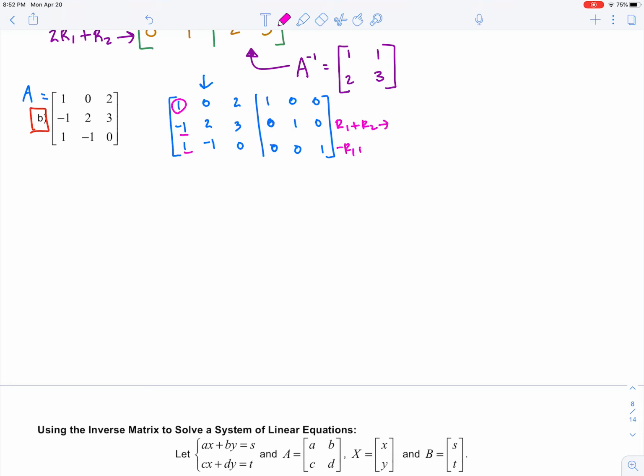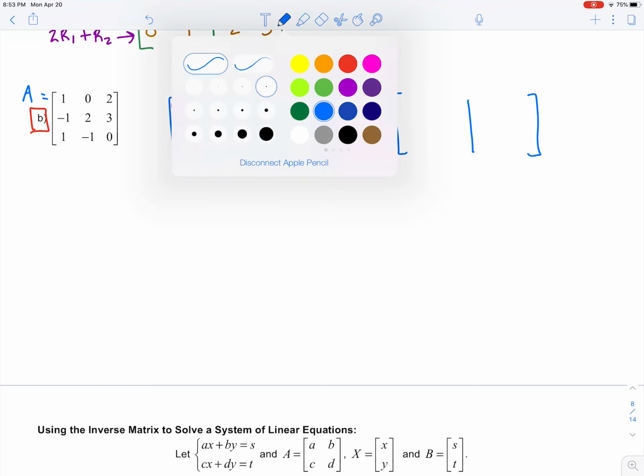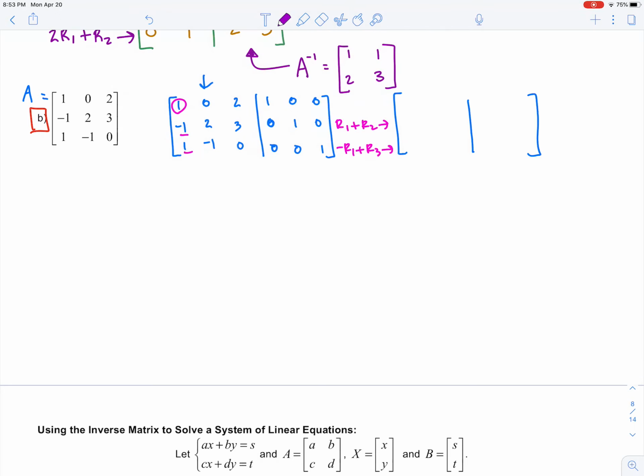And I think I will do negative row 1 plus row 3 down here. Okay, so row 1 is staying the same. So to write out our two new rows, row 1 plus row 2 will give me 0, 2, 5, 1, 1, 0.